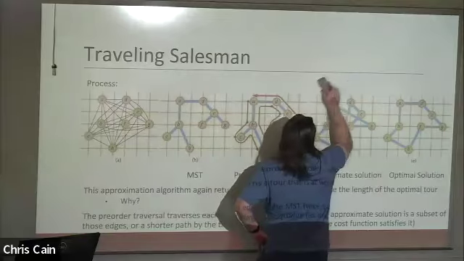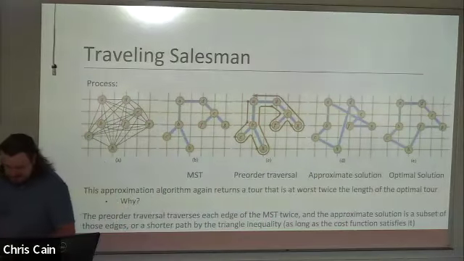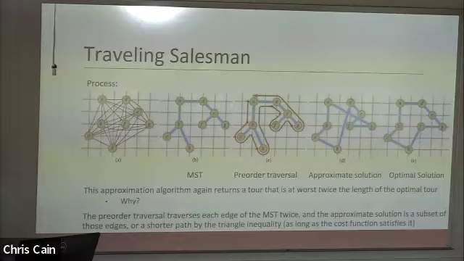So that's the basic idea of forcing here the cost function to satisfy the triangle inequality for that preorder traversal of the minimum spanning tree. So you'll see that there's a reason we study all of these tools in algorithms. It's so that when we see a problem like this, we can start to recognize that we can come up with an approximate solution that uses a tool that we've seen before.